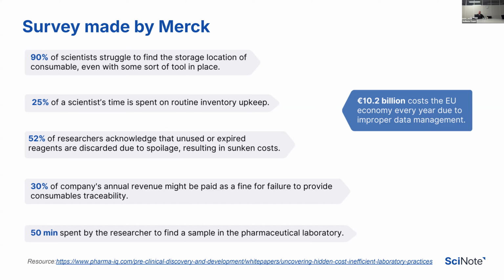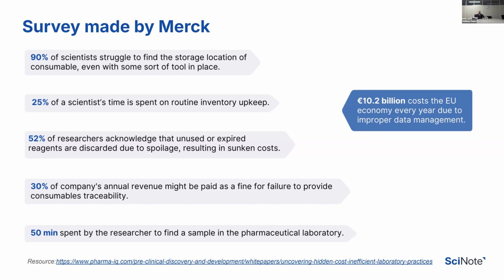Even if they're using Google Sheets, an ELN or a LIMS, they have issues with that. The second one is also very relevant: instead of doing research, you spend 25% of your time on routine inventory upkeep. And 52% of researchers acknowledge that unused or expired reagents are discarded due to spoilage, resulting in sunken costs, of course.